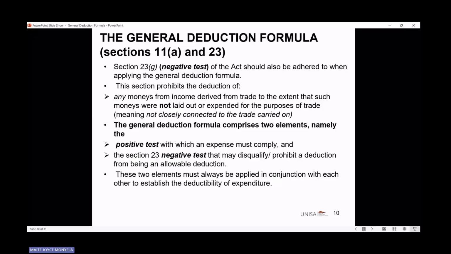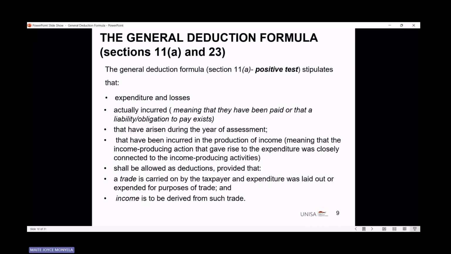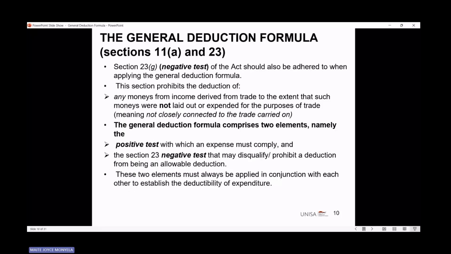The taxpayer must adhere to the positive test, and we also have the negative test under Section 23G. This negative test should be complied with when applying the general deduction formula. This section prohibits the deduction.